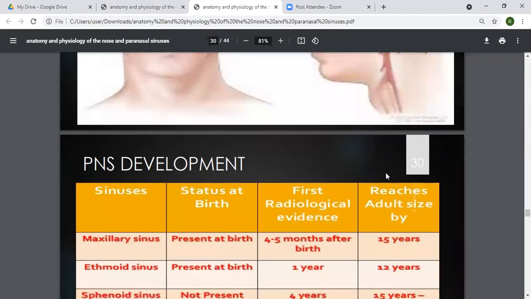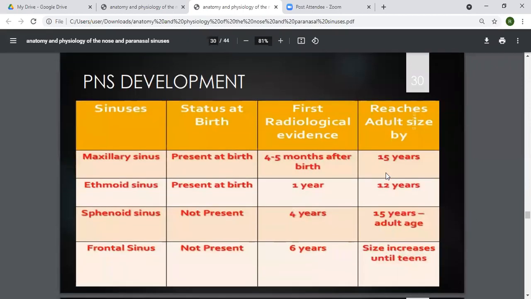So for the development of the paranasal sinuses, we realize that some are present at birth and some are not. Those that are present at birth are the maxillary and ethmoid sinuses, while those that develop later on are the sphenoid and frontal sinus.